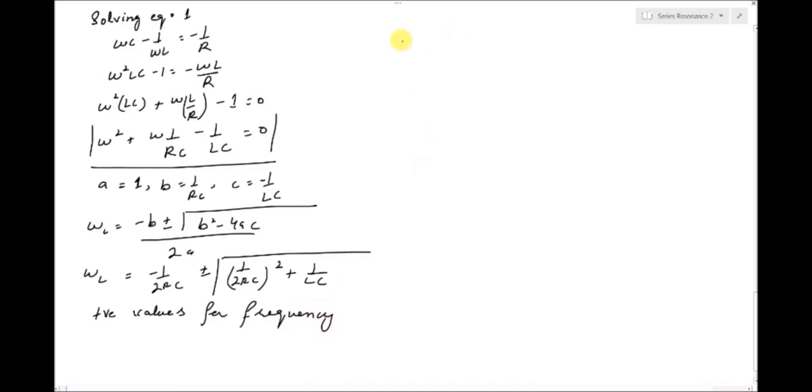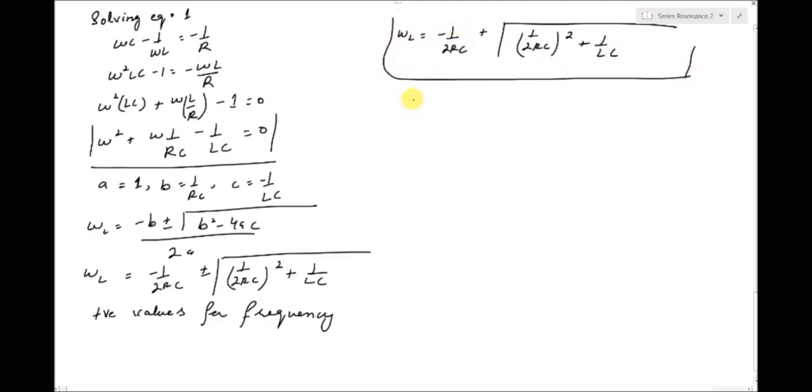So the final formula for the lower cutoff frequency will be omega L is equal to minus 1 over 2RC plus under root of (1 over 2RC) square plus 1 over LC. Similarly, by using equation 2, you can calculate the upper cutoff frequency, which will be equal to 1 over 2RC plus under root of (1 over 2RC) square plus 1 over LC.